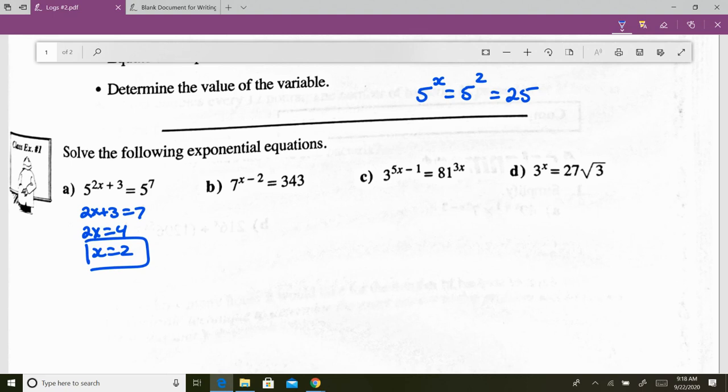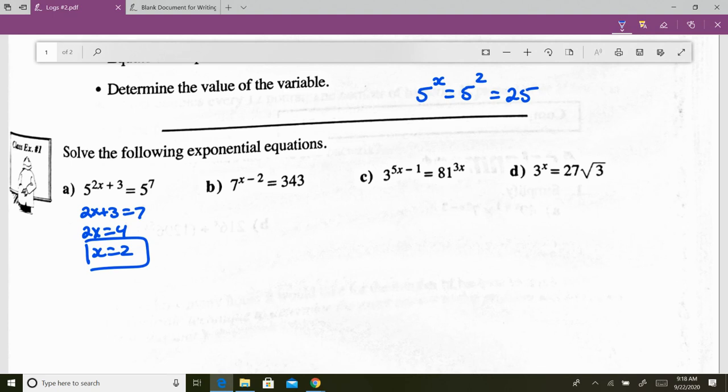And what should you do on a test or quiz, just to be sure? Plug it back into the equation. If I put 2 in here, what's 2 times 2? 4. What's 4 plus 3? Does 7 equal 7? Then we're good. I'm not going to give you marks for checking your answer. That's on you. It's a good idea.